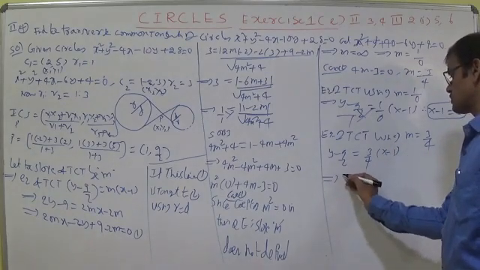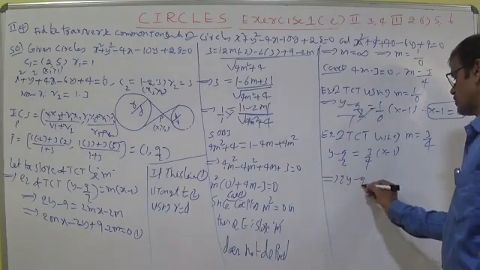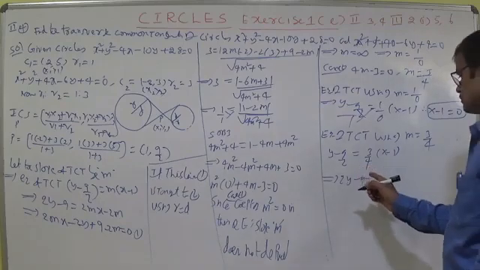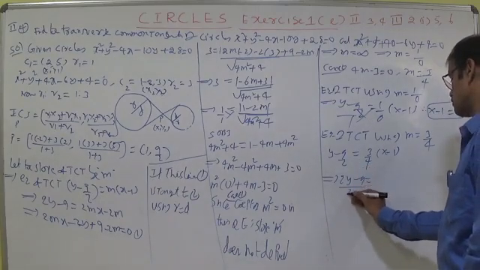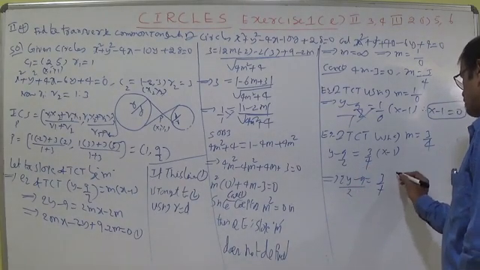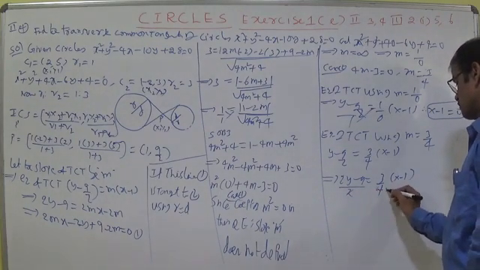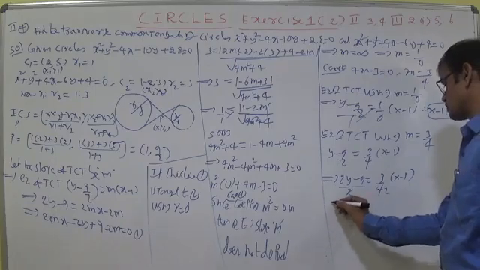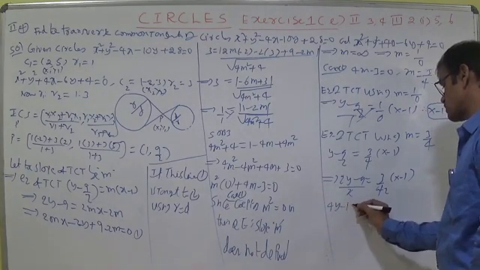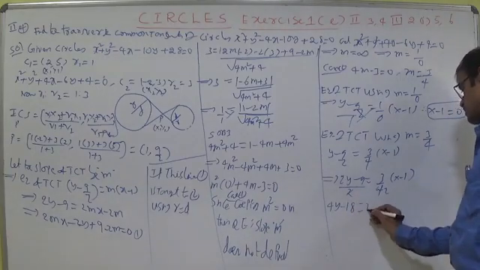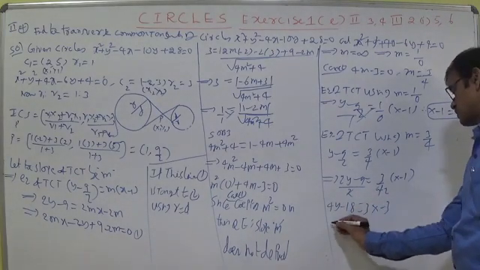That implies you can write here 2y minus 9 is equal to 3 by 4 into x minus 1. Taking cross multiplication like this, 2 2s are 4y minus 18 is equal to 3x minus 3. So 4y minus 18 equal to 3x minus 3.